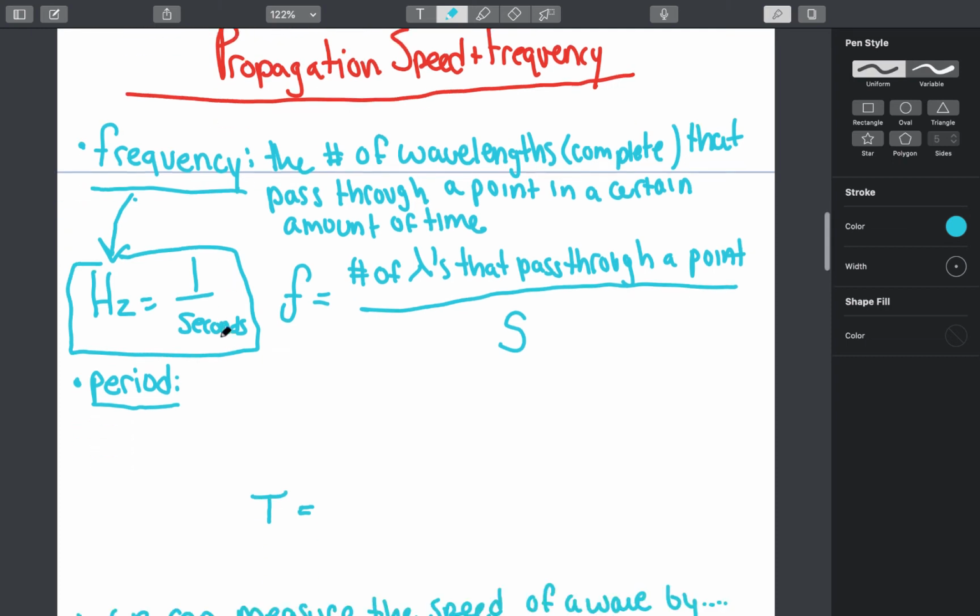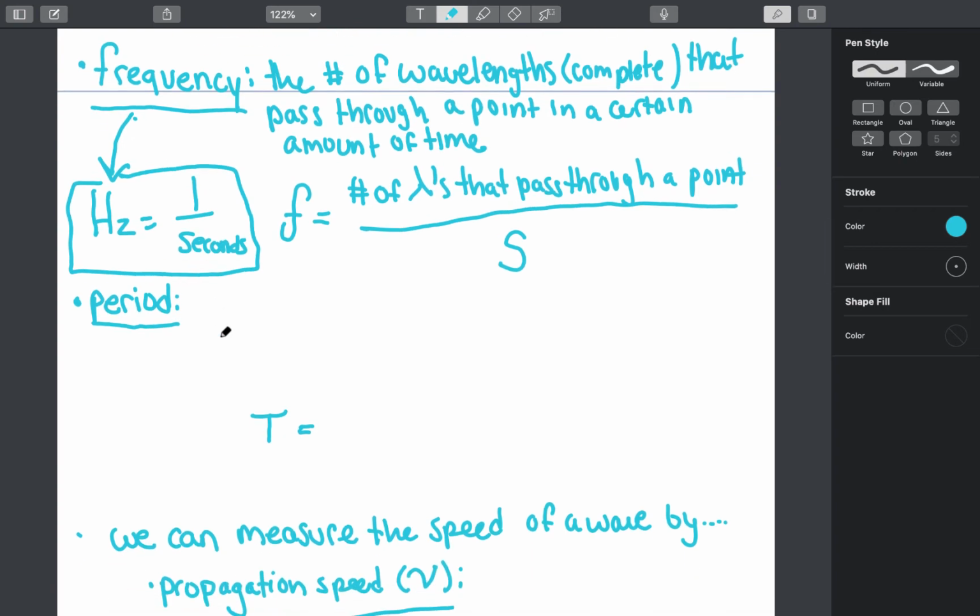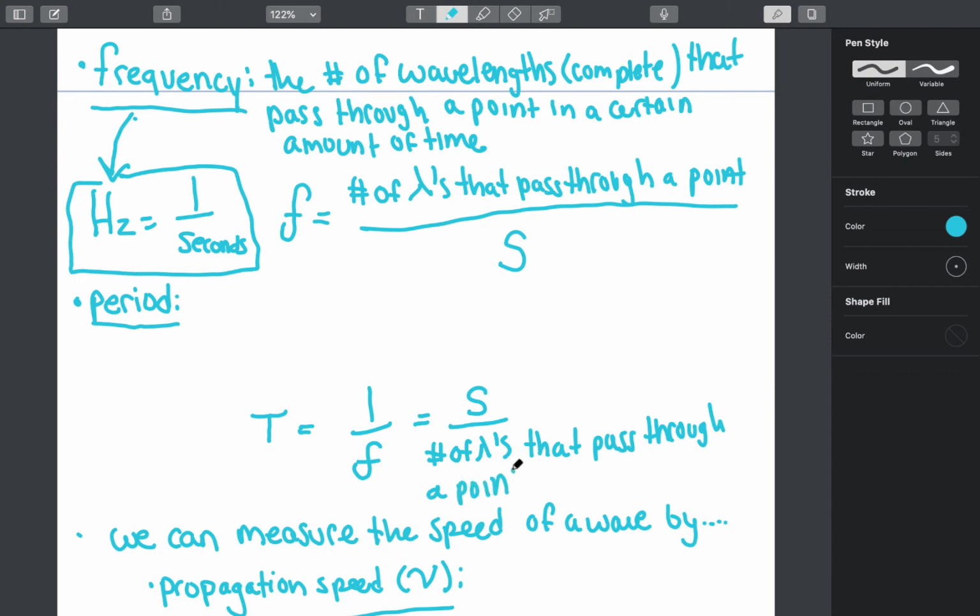So the other thing that you should know is period. And period is actually equal to 1 over the frequency. So it's equal to the amount of seconds per number of wavelengths that pass through a point.